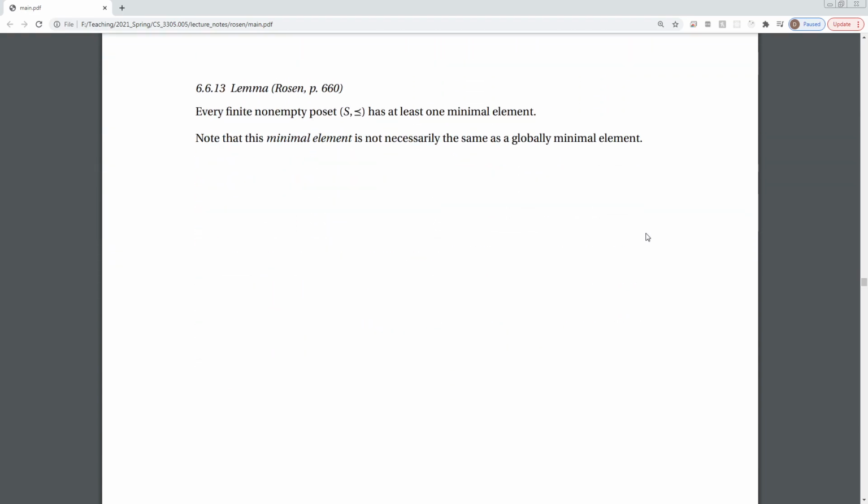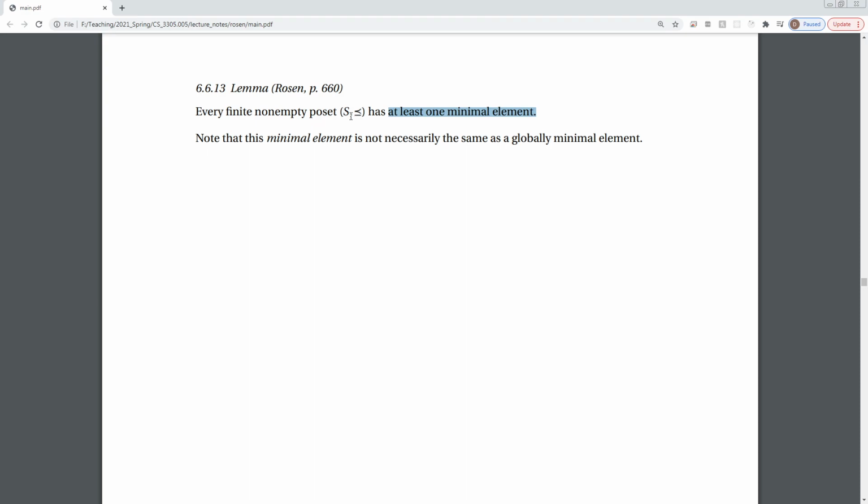Okay, so now, lemma. Every finite, non-empty, partially ordered set S, combined with its relation operator, has at least one minimal element. But it can be that every element in the set is minimal, if none of them compare to each other, which is a bit of a tragic choosing of your elements.